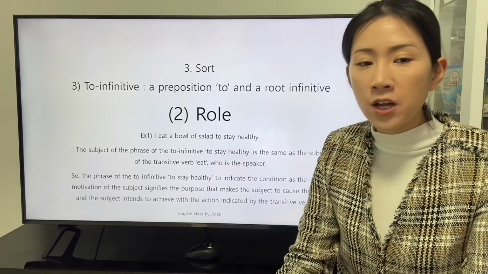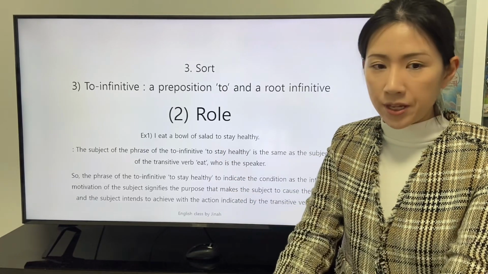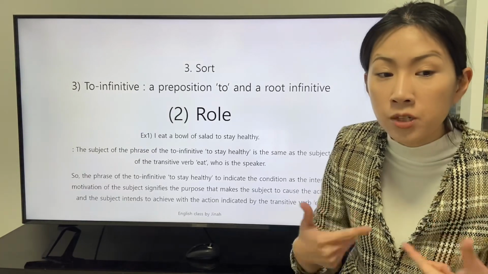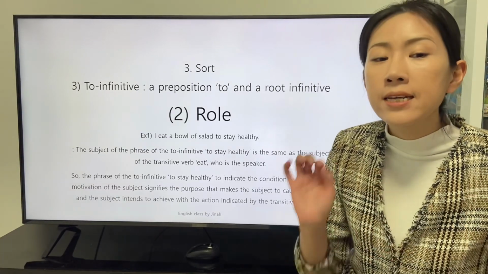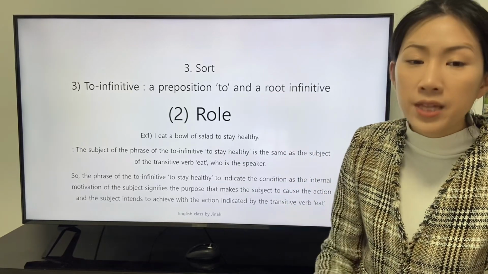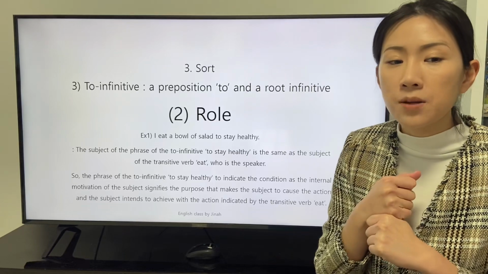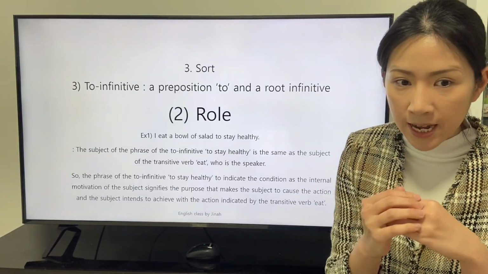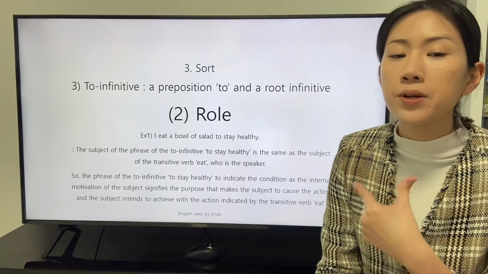So the phrase of the to-infinitive to stay healthy, to indicate the condition as the internal motivation of the subject, signifies the purpose that makes the subject cause the action, and the subject intends to achieve with the action indicated by the transitive verb eat.